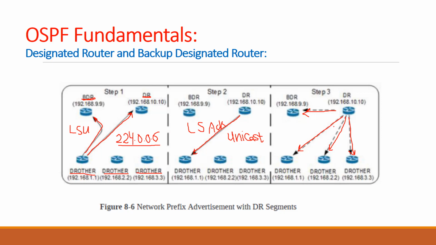The final step will be link state updates to all SPF routers, shortest path first routers. And the multicast address will be 224.0.0.5, as we mentioned earlier.